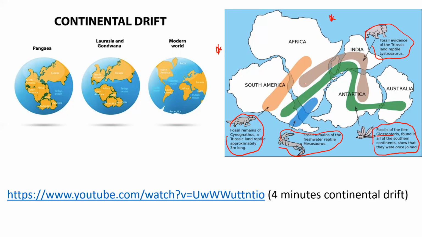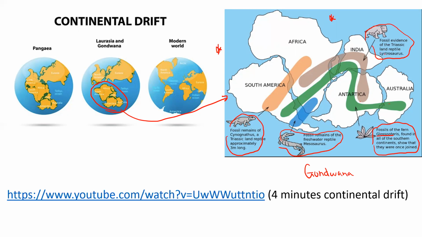Well, here is Pangea, okay, Gondwana, sorry, Gondwana, the southern continent. And you can watch this video on continental drift. Pangea, there we are. There's Gondwana. Well, prior to it breaking apart, you notice that Glossopteris was on all the different continents, okay?